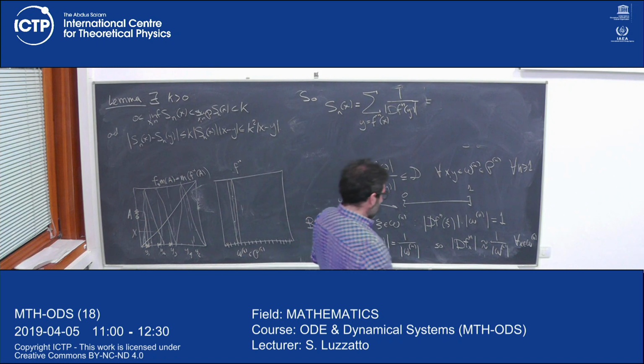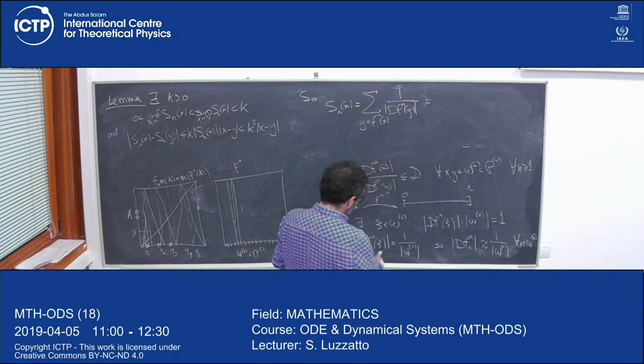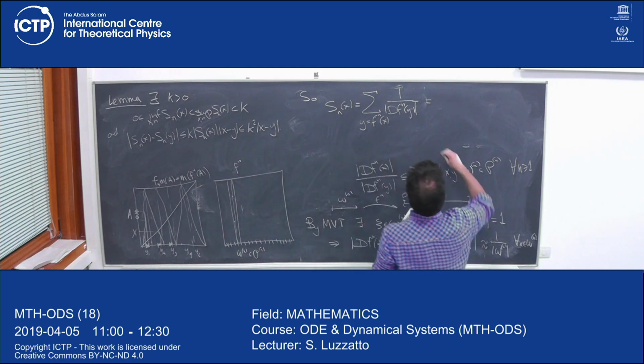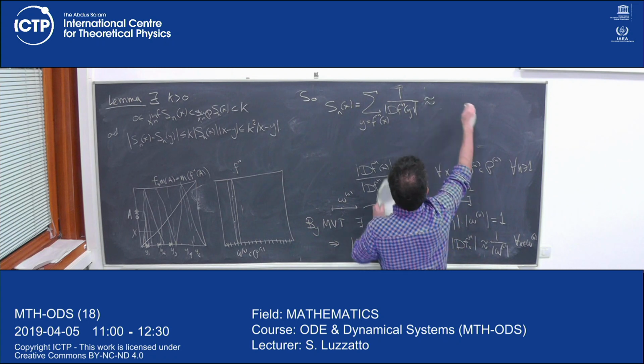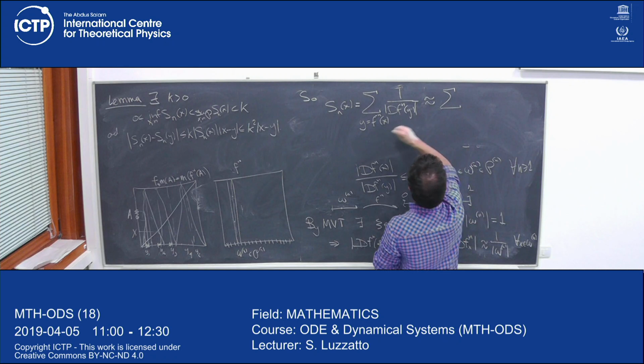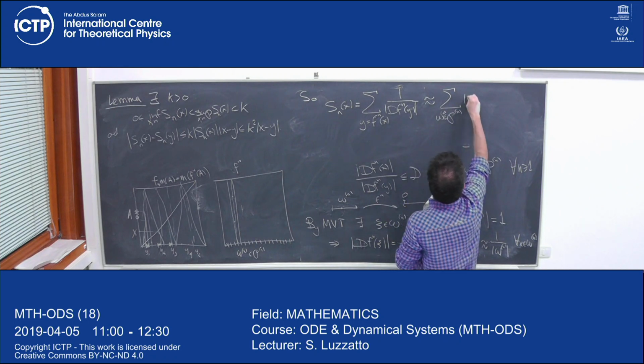And what do we know about 1 over dfn of x? Exactly. It is approximately, up to some multiplicative constant, the sum over all omega n of the size of omega n.